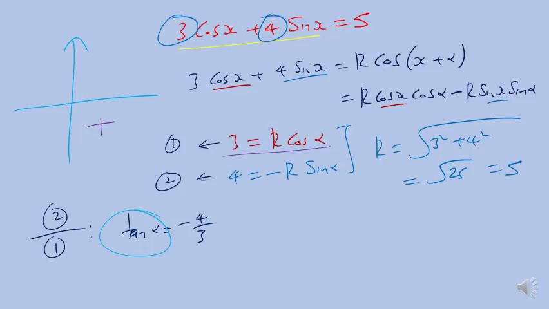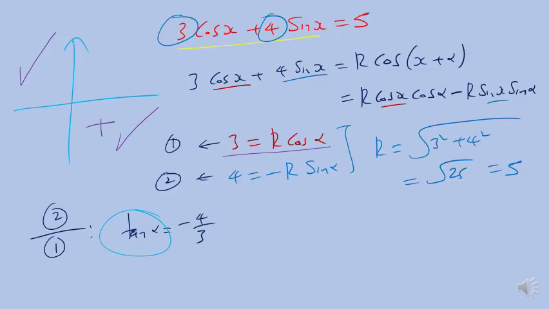And sine alpha is negative here, so sine alpha is negative in the fourth quadrant. Equations 1 and 2 tell me that alpha has to be in the fourth quadrant.